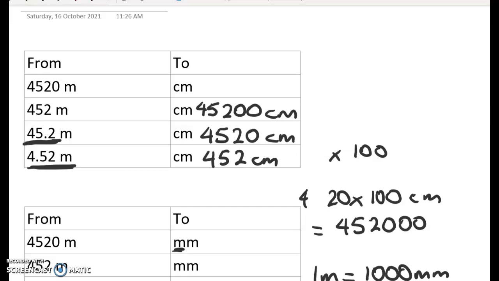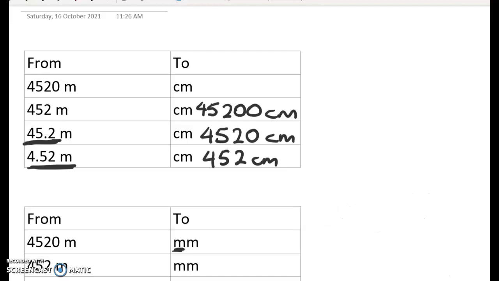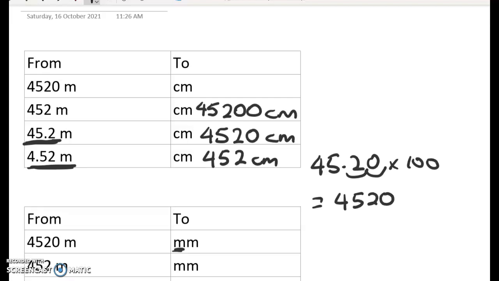So you don't have to show your working for that, but I'm just going to do a little bit of working down the side here for some of those. So for 45.2 times 100, remember what we're doing is we're moving place value columns by 2. So 45.20 times 100 becomes 4,520.